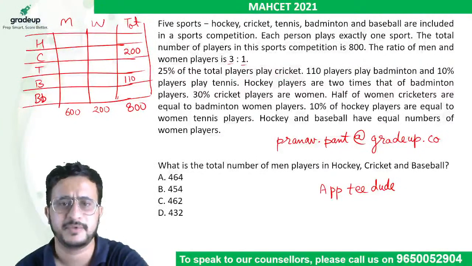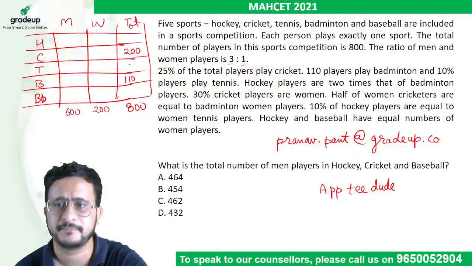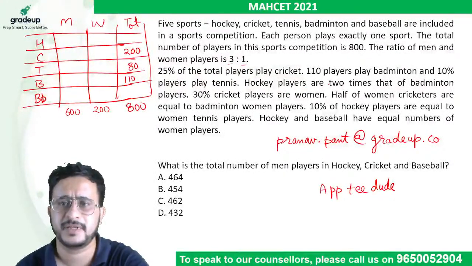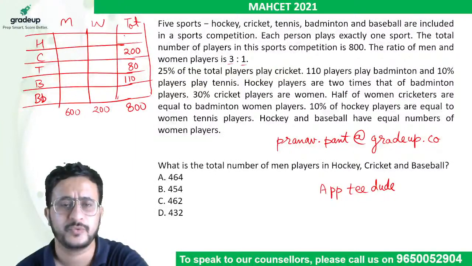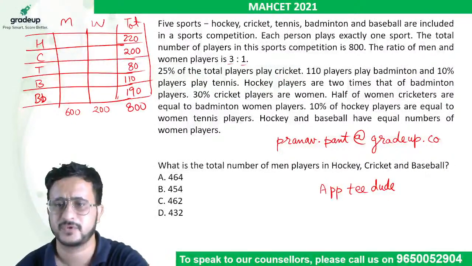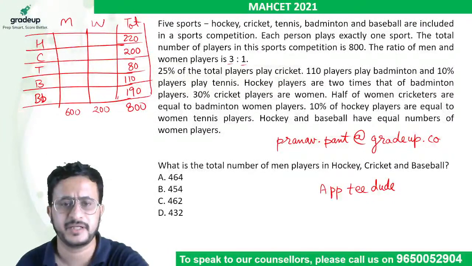Okay. 110 play badminton and 10%, that is 80 play tennis. Okay. Hockey players are two times that of badminton players. Okay. Badminton is 110, so hockey players will be 220. Okay, so you can find 420, 500, 610. This will be 190. Okay, so this will be 190.